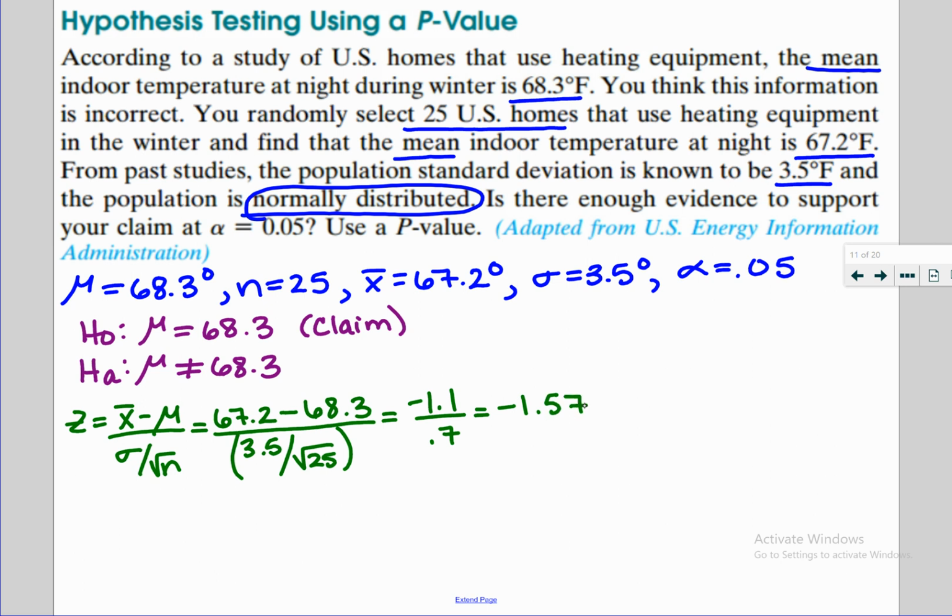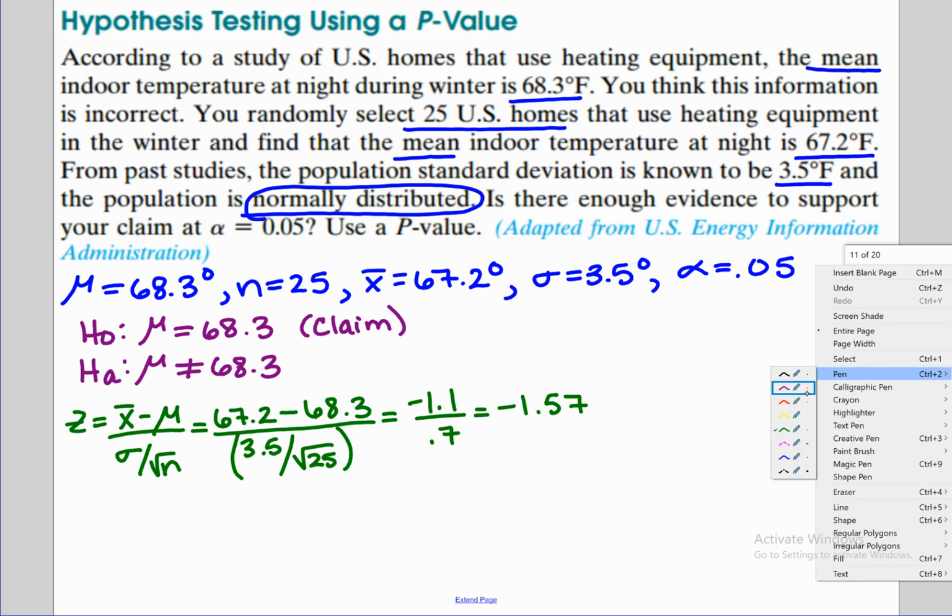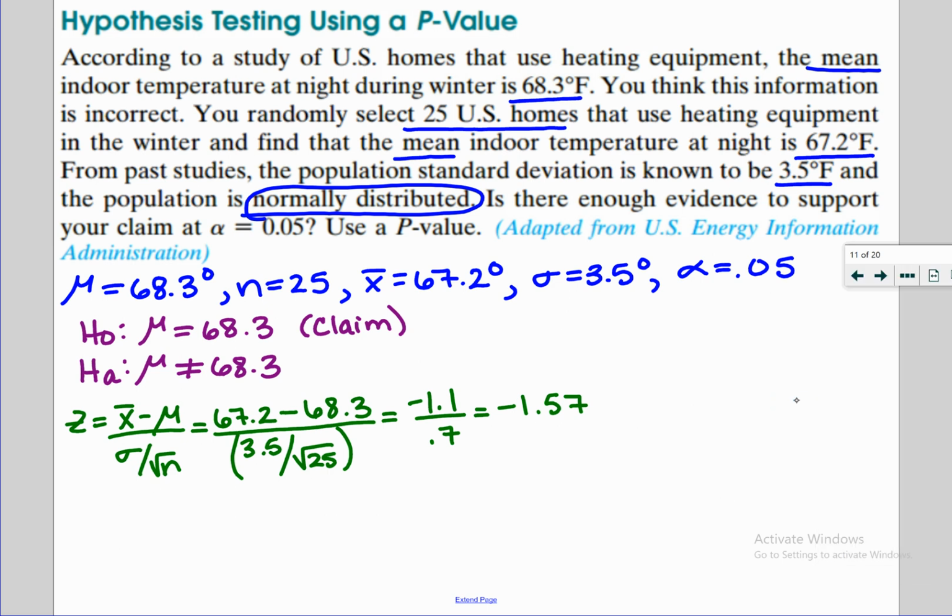If I divide those, I get negative 1.57. Okay, can you tell me if this is a left tail, right tail, or two-tail test? Yep, as soon as I want to know what my tail is, I look at my alternative hypothesis. The not equal to situation creates two tails.